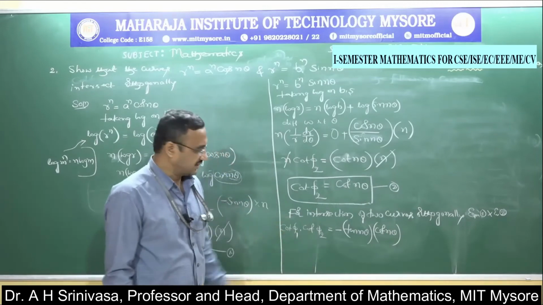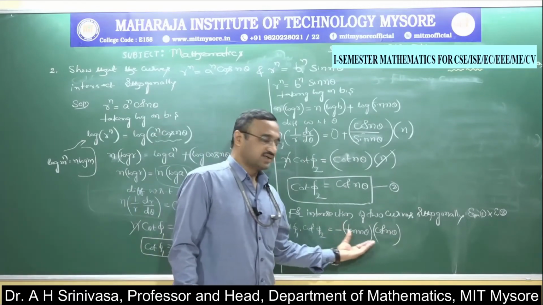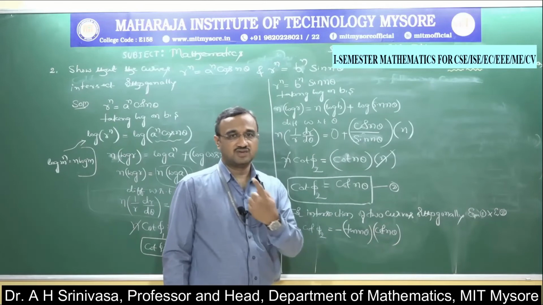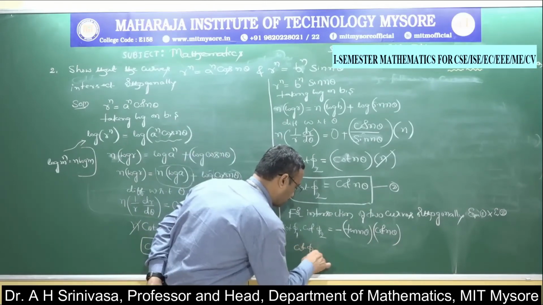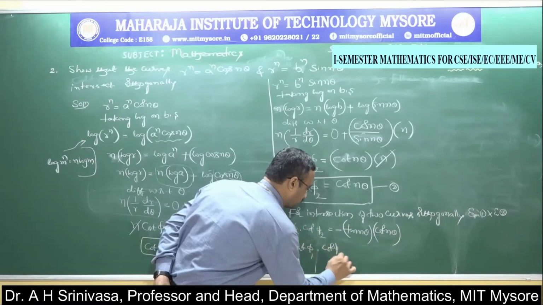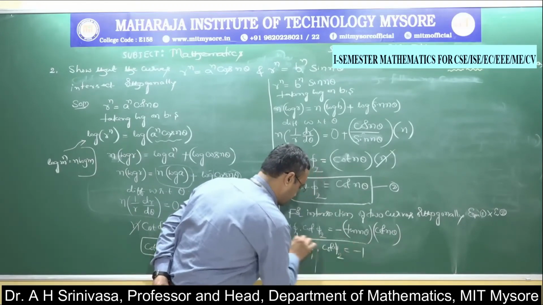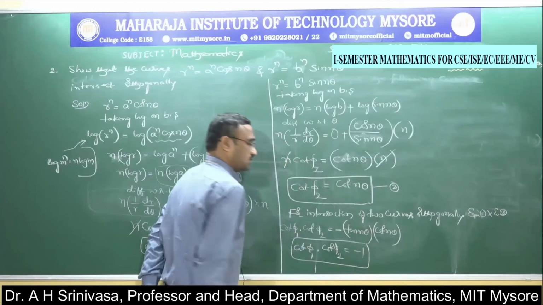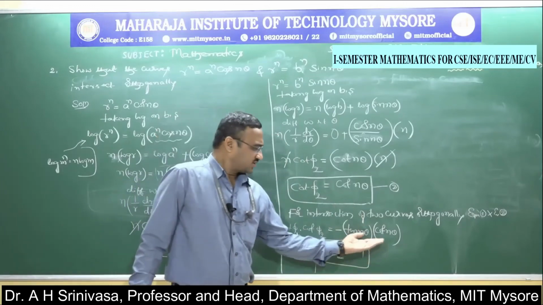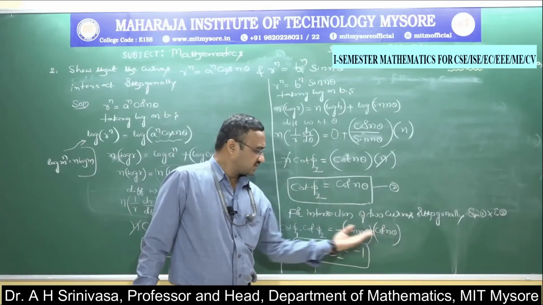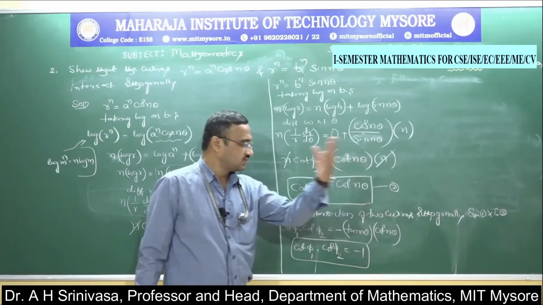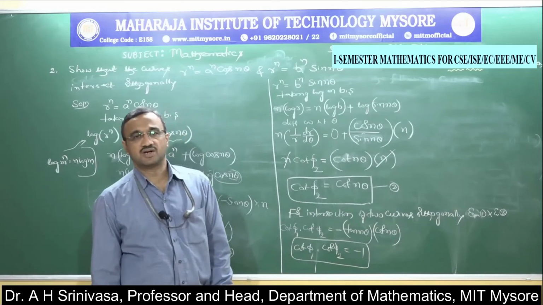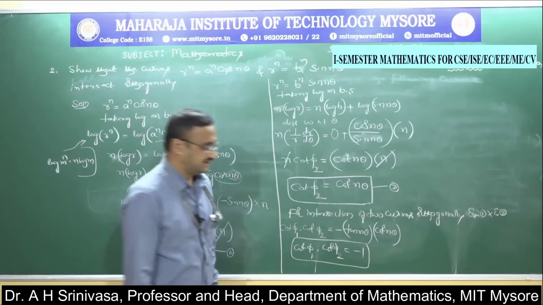You know the trigonometric identity: cot theta into tan theta is 1. Now use that here. Cot phi 1 into cot phi 2 should be equal to minus 1. If you cannot understand, you can write cot as 1 by tan and cancel these two, and you also get minus 1. So you write: hence the two curves intersect orthogonally.